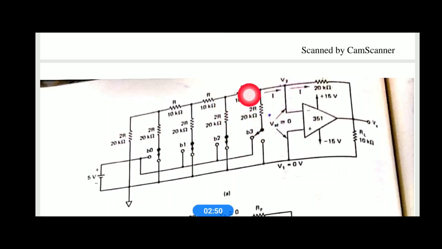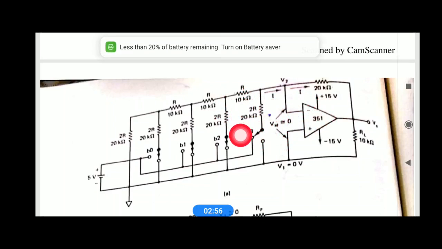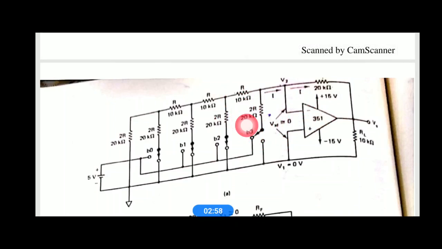In this circuit, R is 10 kilo ohm, hence 2R is 20 kilo ohm. So we are utilizing only two different value resistors here, which solves the problem which we are getting in binary weighted resistor.